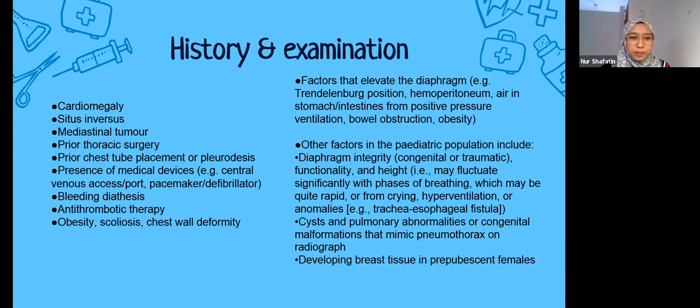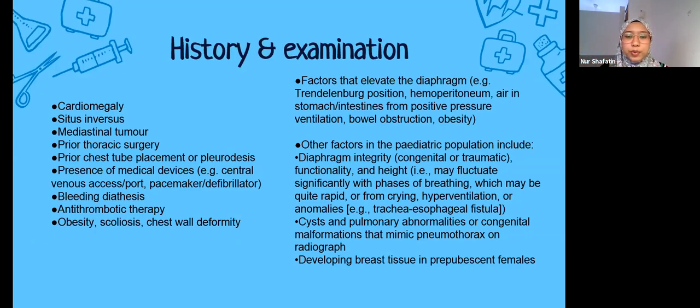Next, if the patient has a mediastinal tumor, prior thoracic surgery, prior chest tube placement or pleurodesis, presence of medical devices such as central venous access or port, pacemaker or defibrillator, if the patient has bleeding diathesis, a tendency to bleed or bruise easily, antithrombotic therapy, or if the patient is obese, has scoliosis or any chest wall deformity.